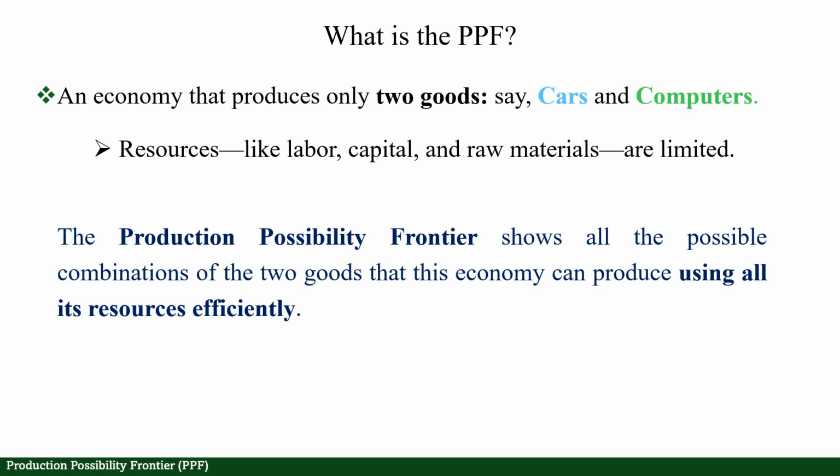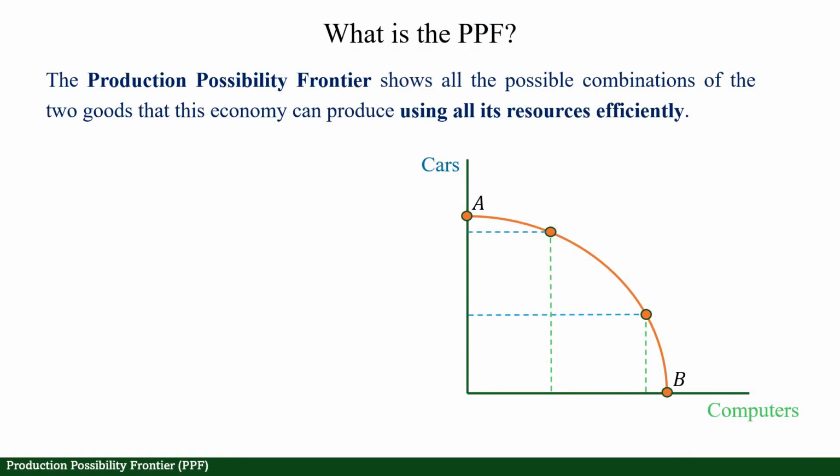The production possibility frontier shows all the possible combinations of the two goods that this economy can produce using all its resources efficiently. We can see it in a graphical format like this one, and the orange curve indicated here from A to B is the production possibility frontier, or production possibility curve.